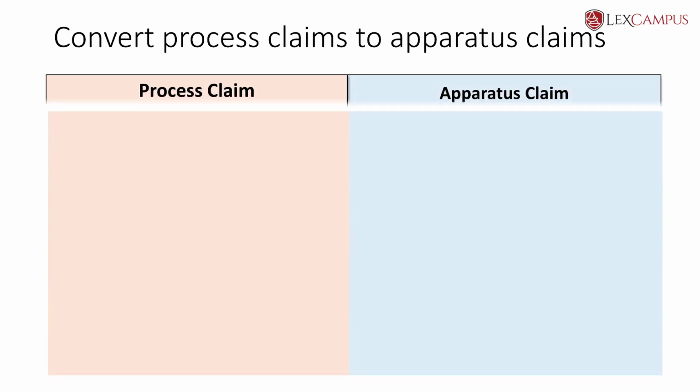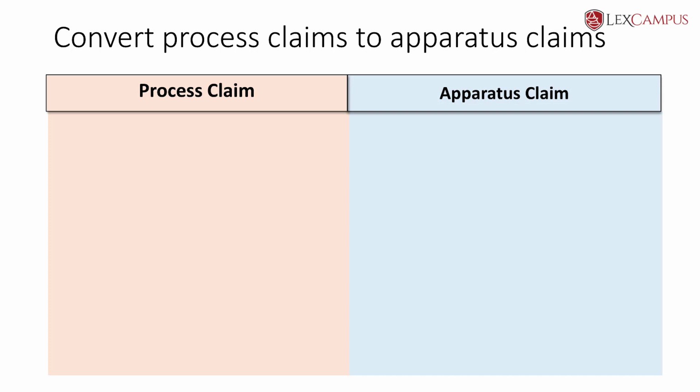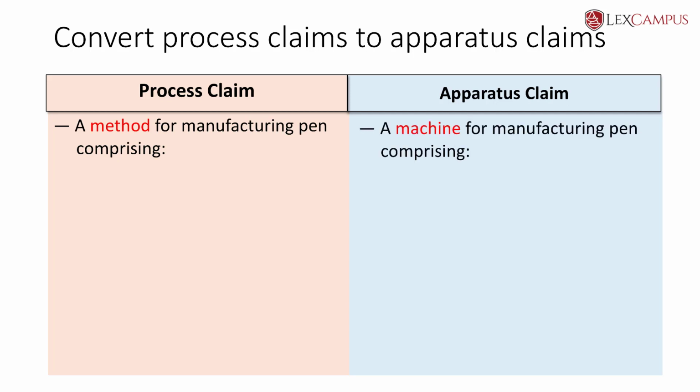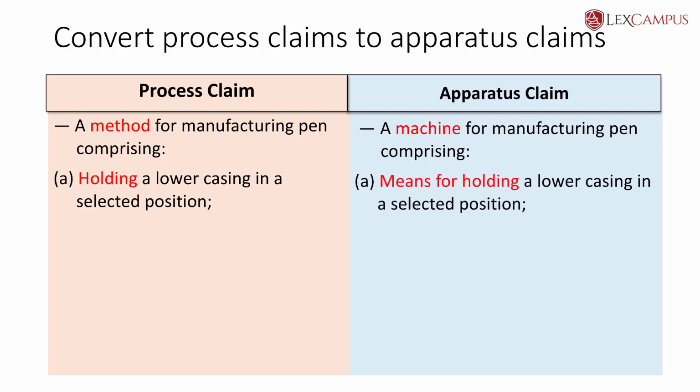Now let's look at this example. There's a process claim, and let's see how it can be converted into an apparatus claim. A method for manufacturing a pen comprising, this is the process claim, becomes a machine for manufacturing a pen comprising: holding a lower casing in a selected position becomes means for holding a lower casing in a selected position.